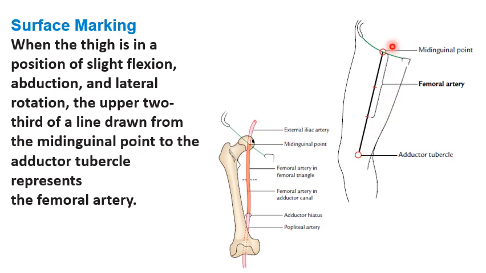Then the upper two-thirds of the imaginary line represents the femoral artery. The lower one-third represents the popliteal artery. So this is the surface marking of the femoral artery.